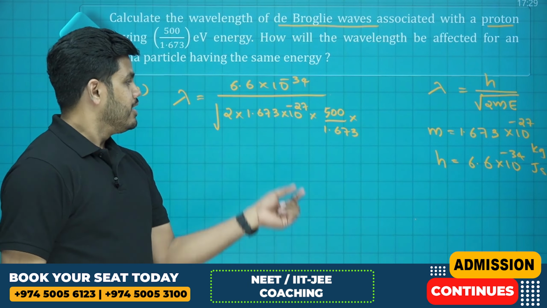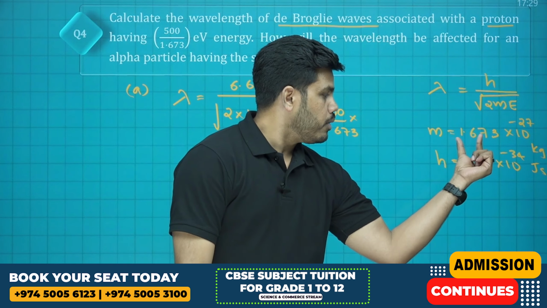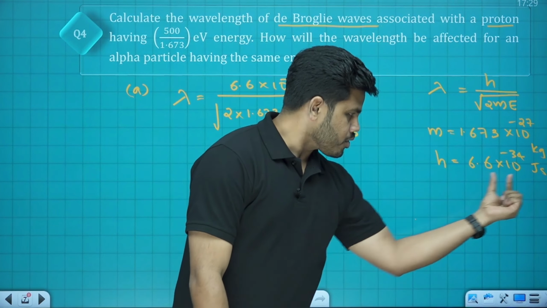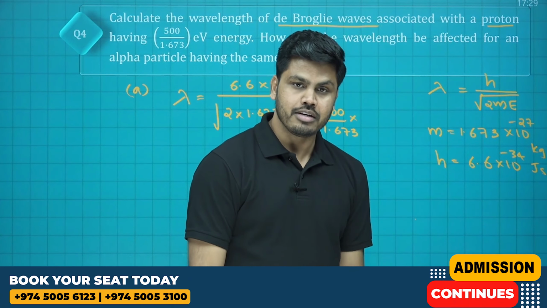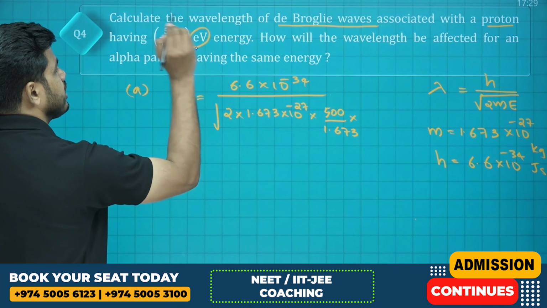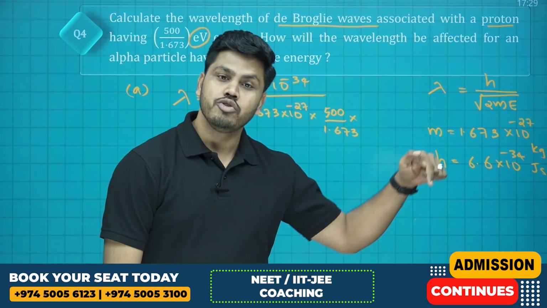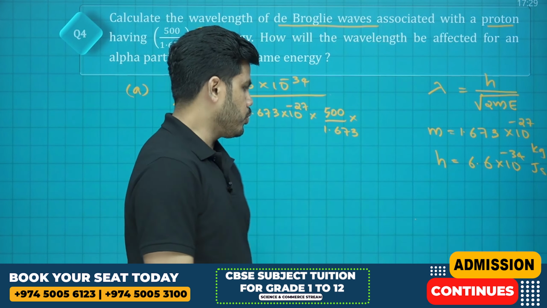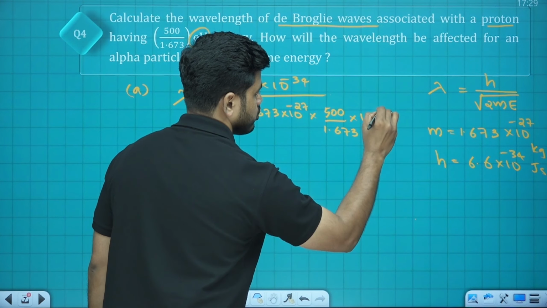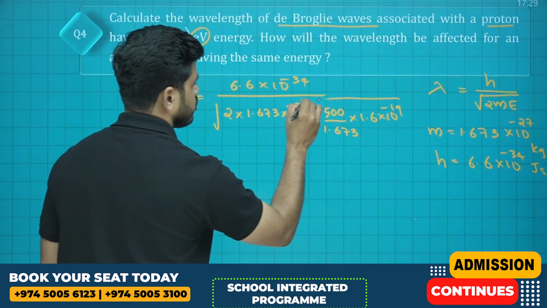Wait, hold on. We use mass in kilogram, and Planck's constant in joule second, which is also in SI unit. Then we need energy not in electron volt but in joules, the SI unit. So we have to convert this by multiplying with 1.6 into 10 raised to minus 19. Now it is converted to joules.